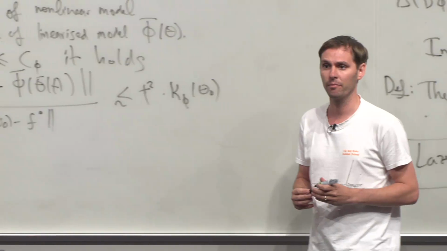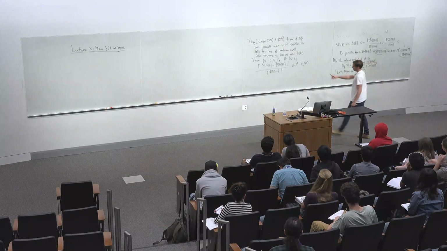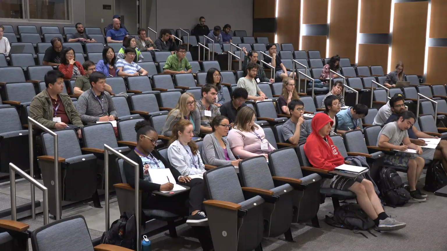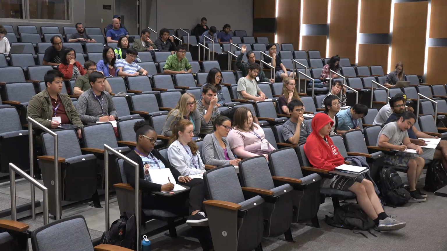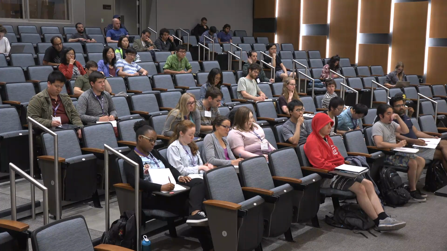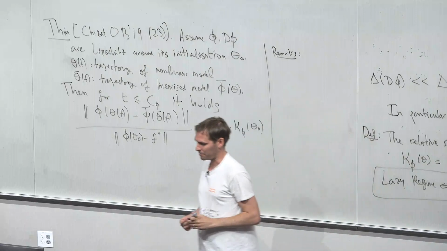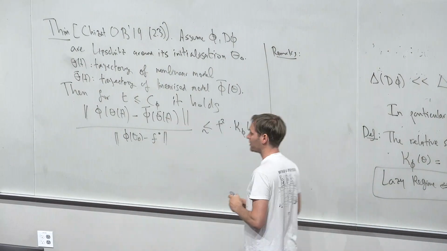Yes? So this theorem takes us from local to more global, let's say. Yeah, with the caveat that this is only true for finite time. The way I formulated it, it's not a statement that is uniform in time. But that's a good point. There are a number of remarks, but the important one, the punchline here, is that the nonlinear trajectories track the linear trajectories.